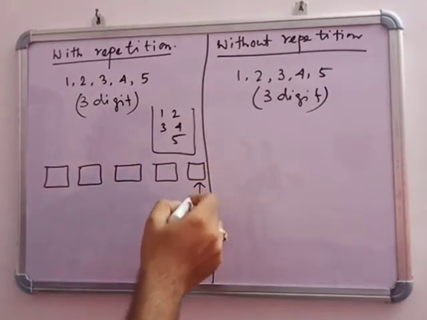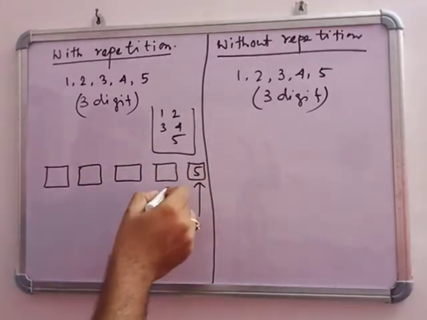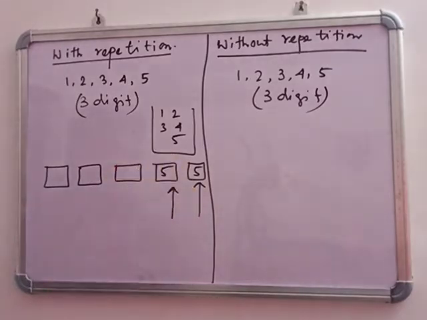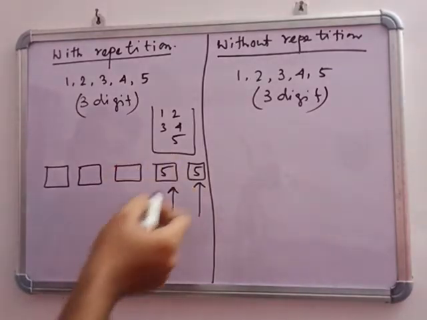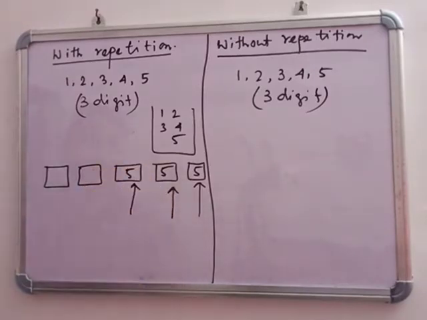So see that if we put it here, you have 5 numbers in your hand. Similarly, you have 5 numbers in your hand, because with repetition you can put the number again. Similarly, next also 5 numbers in your hand because of repetition.